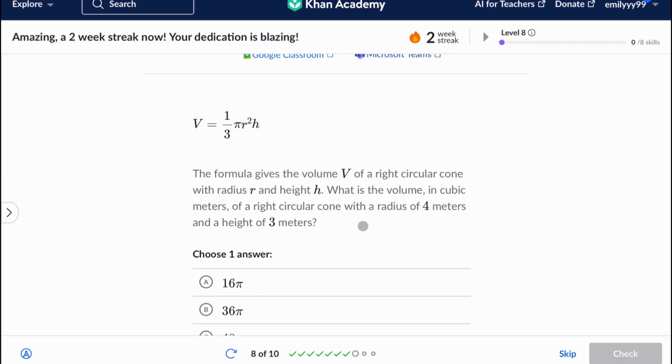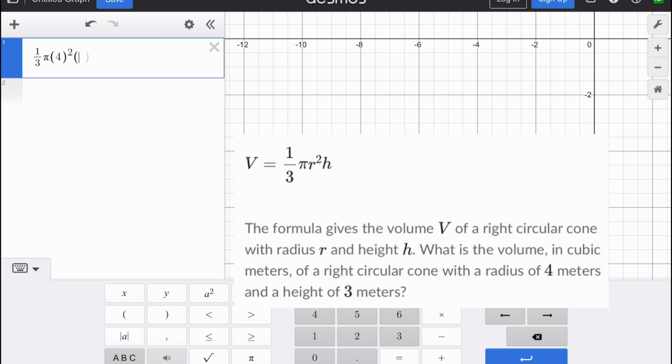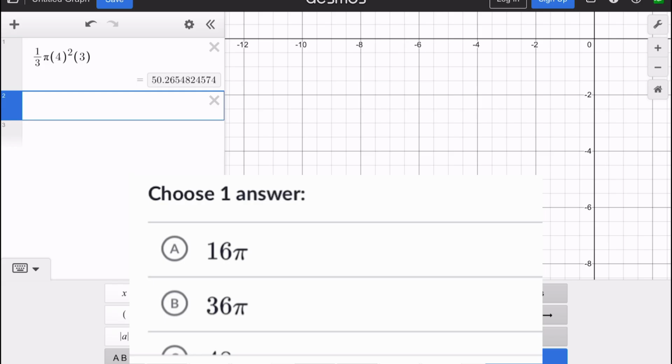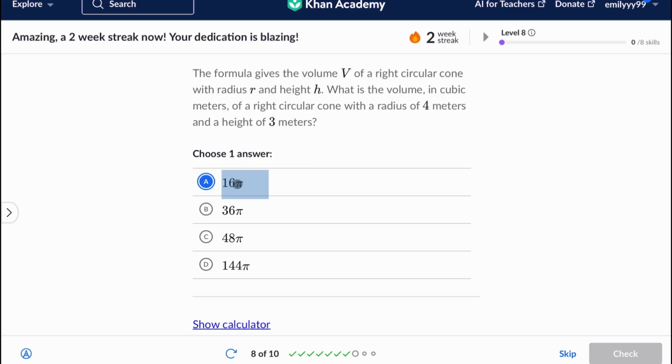We're given all of the measurements that we need in this formula, so just plug in 1/3 times the radius, which is 4, squared, times the height, which is 3. That's going to give us 50.3. But when we look at the answer choices, it includes pi, so in the formula, we'll leave out pi to see the number. It will give us 16, and then 16 times pi will give us that 50.3 number. So it's A.